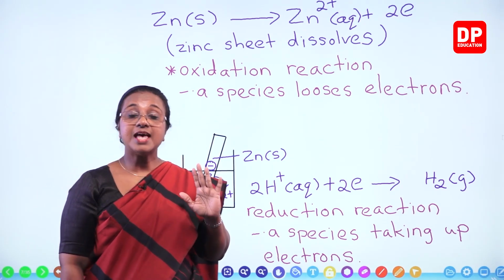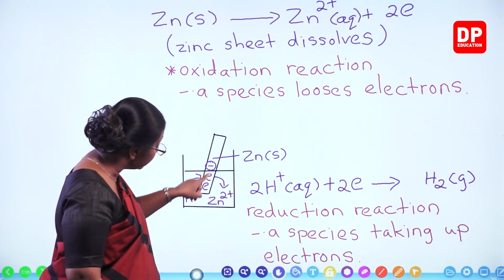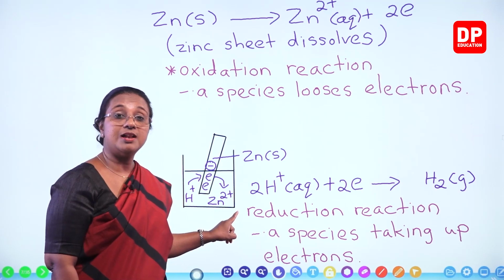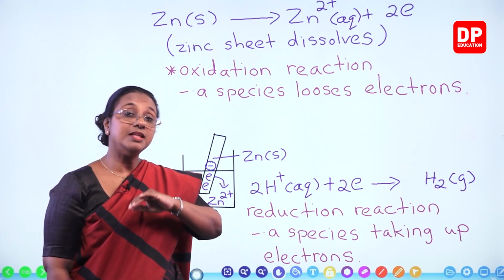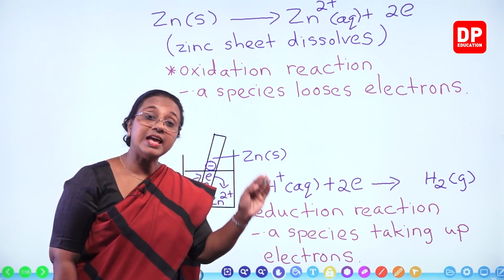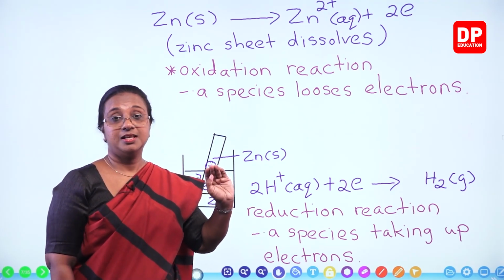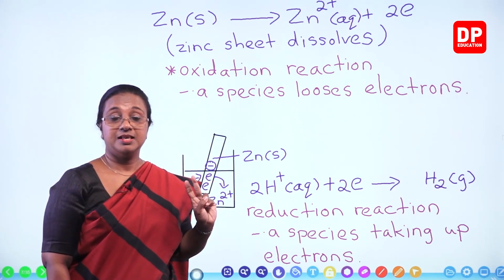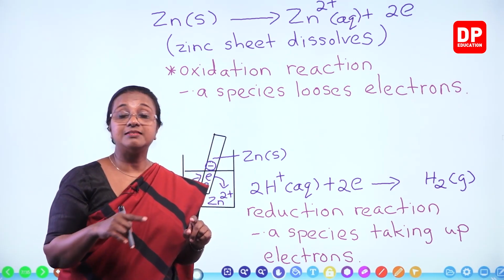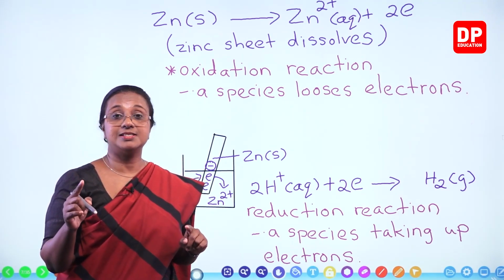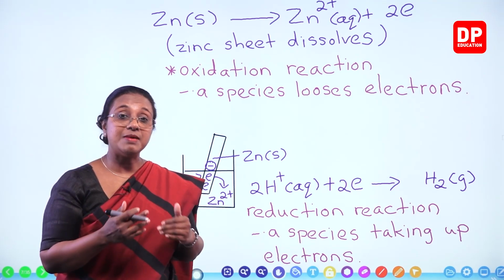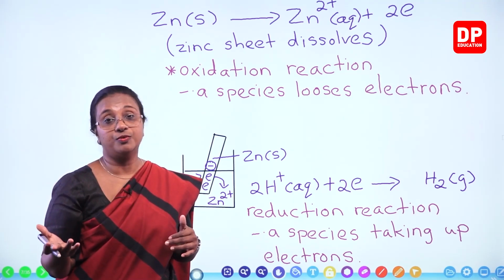Now this is happening in one metal dipped in a dilute sulfuric acid solution. If we can make this happen through an external circuit, if we can have two such systems, and if we can make the electrons flow through the external circuit or an external conductor, then we can make electricity flow.